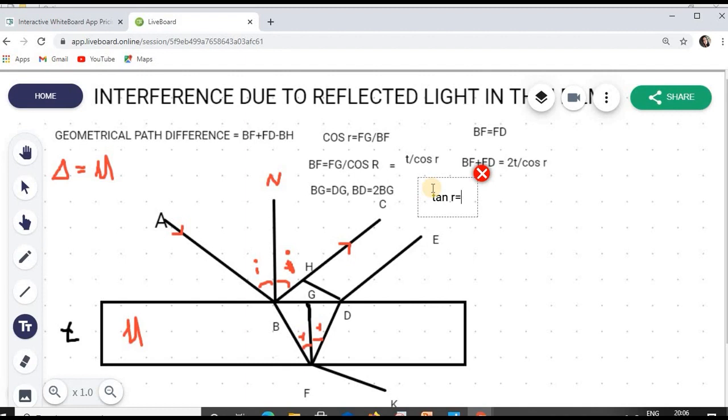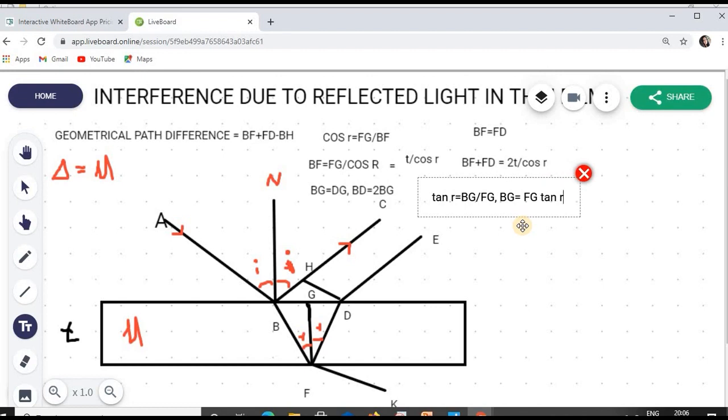Tan r is equal to BG by FG, so BG is equal to FG into tan r.